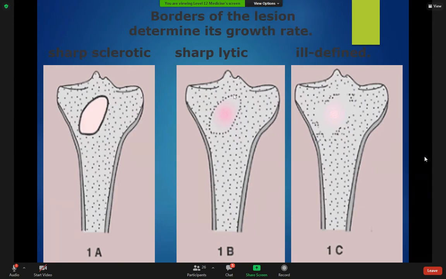If you have sharp edges, but the tumor itself is lytic, meaning the tumor has no bone inside. Sclerotic means that there is bone inside. Lytic, there is no bone inside, but the edges are clear. And you might have ill-defined borders, a wide zone of transition, so you cannot differentiate between the tumor and the bone itself. There is no clear cut between them.